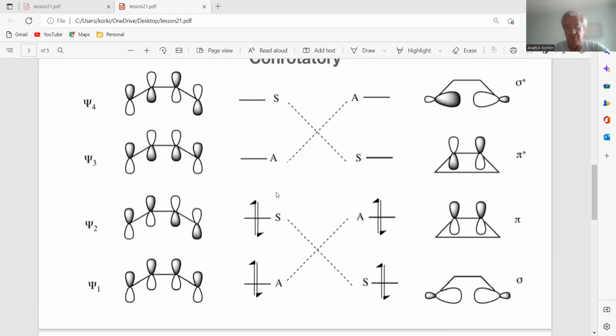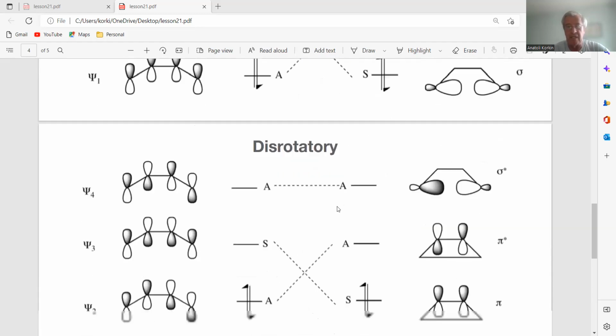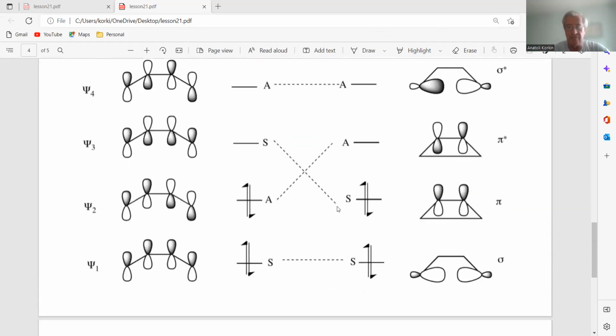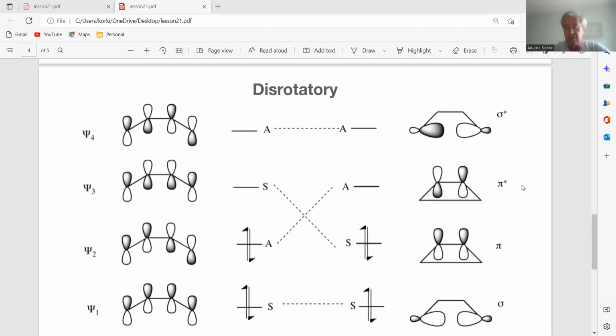So in this case, this process is thermally allowed because occupied orbitals are related symmetrically to occupied. In the case of disrotatory rotation, for a cyclic system, reflection in the plane makes both pi and sigma bonding orbitals symmetric, and the non-bonding orbital anti-symmetric.